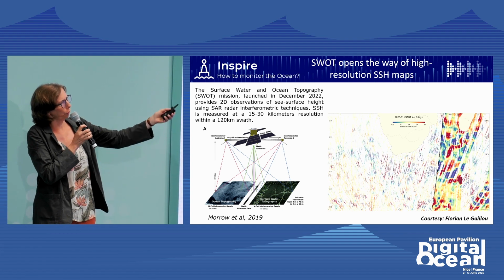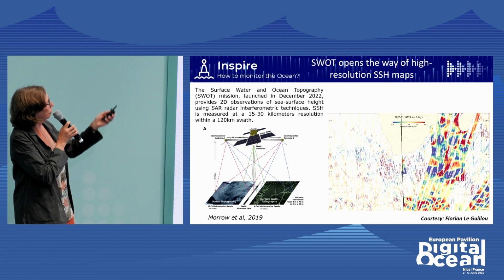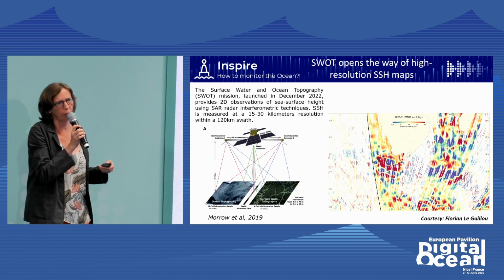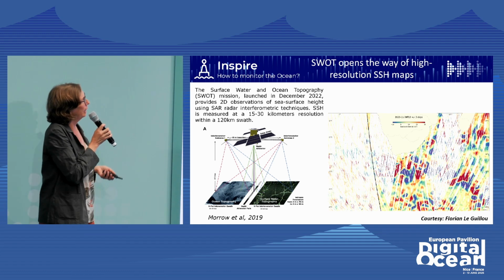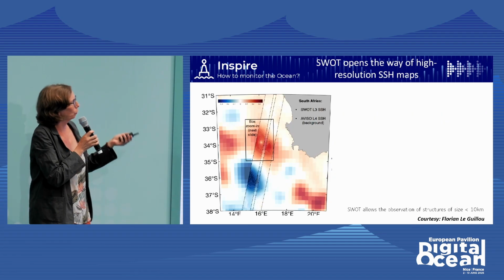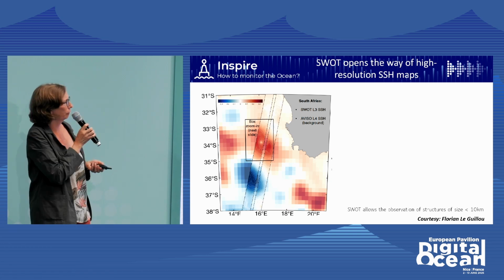Superimposed, you can see the swath from the SWOT altimeter. This is a 120 kilometer swath, and within the swath, we are able to map the sea level at 15 to 30 kilometers, and therefore also access the higher resolution surface currents.